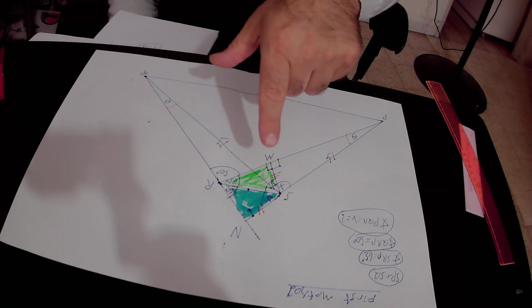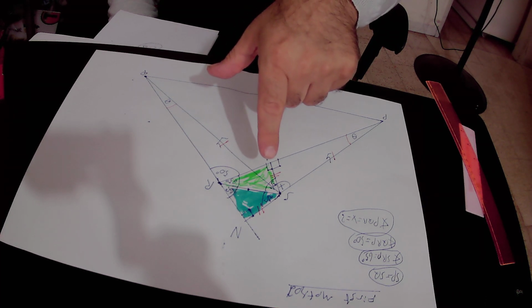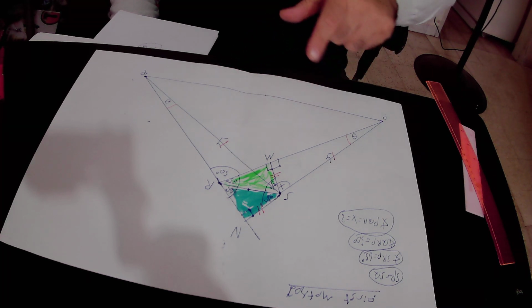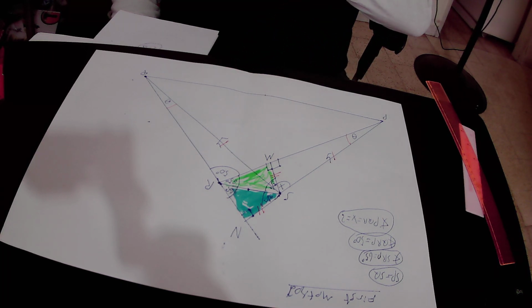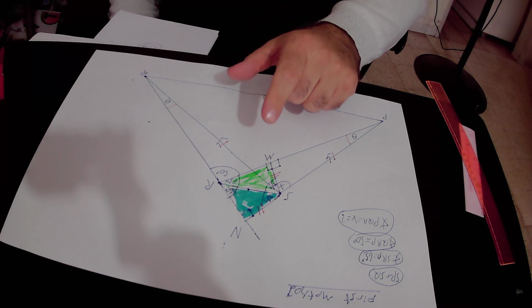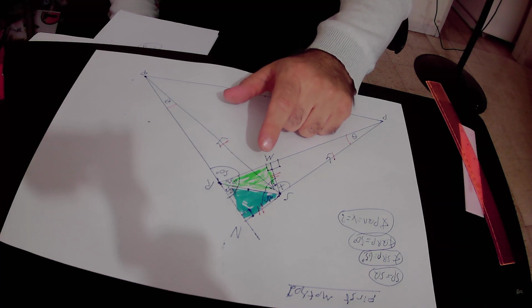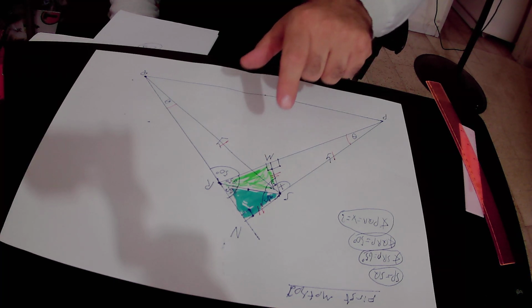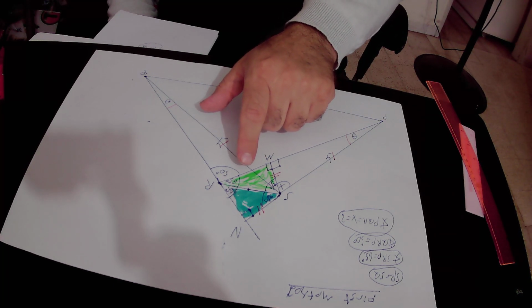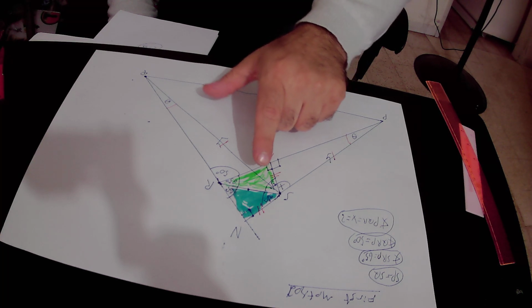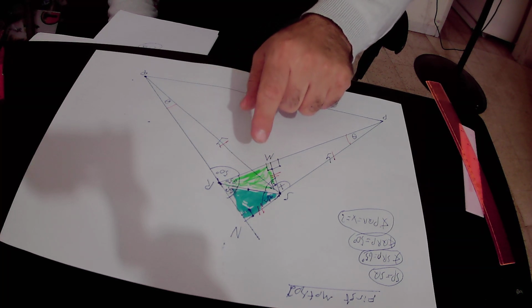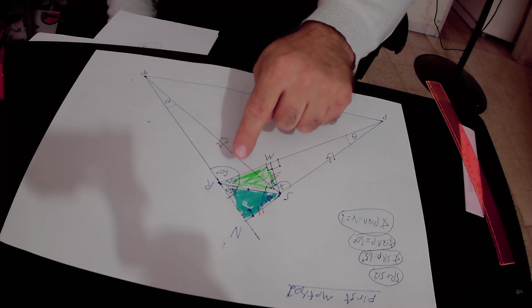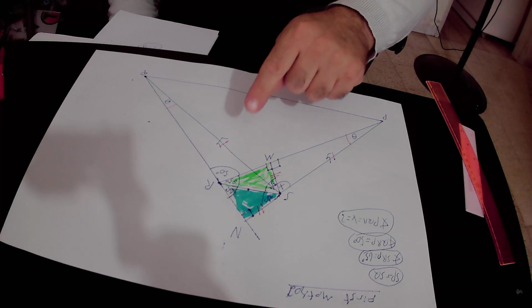So QN remains a straight line, and we have rule number 1 that states that the sum of the angles on one side of a straight line is equal to 180 degrees. So if we look at the bottom side of the straight line QN at point R, the sum of the angles must be equal to 180 degrees.